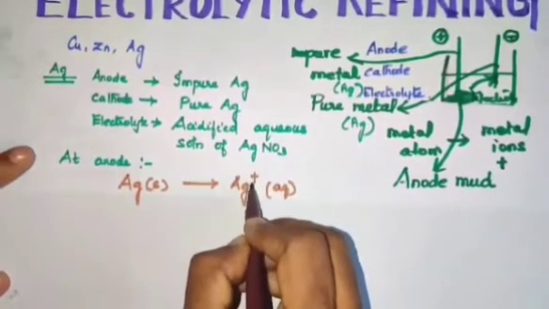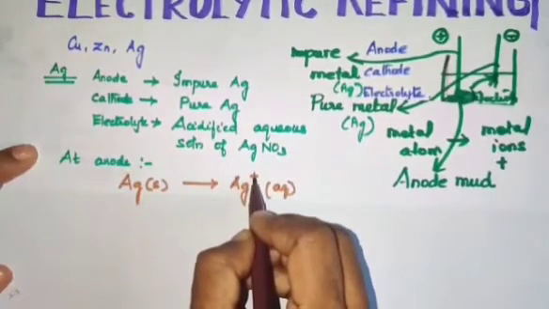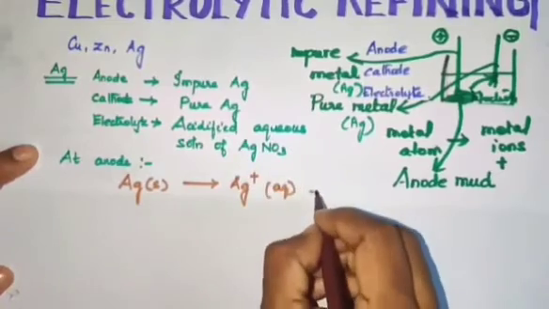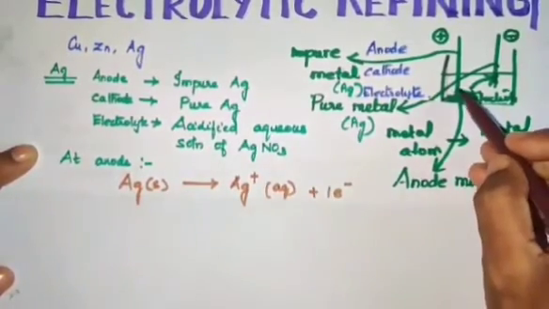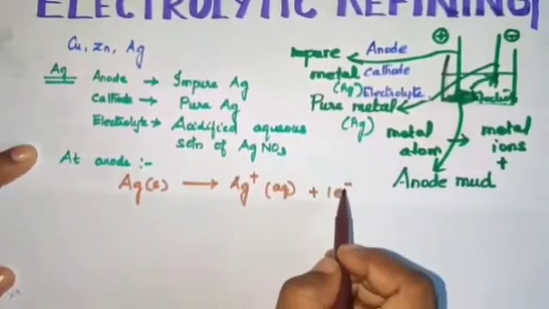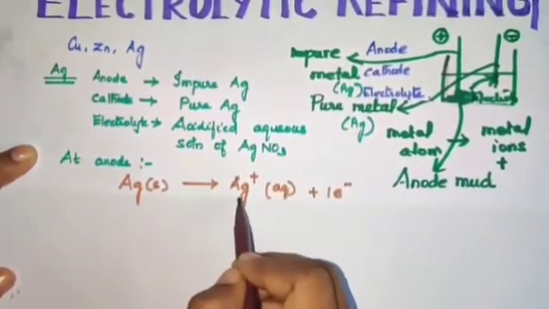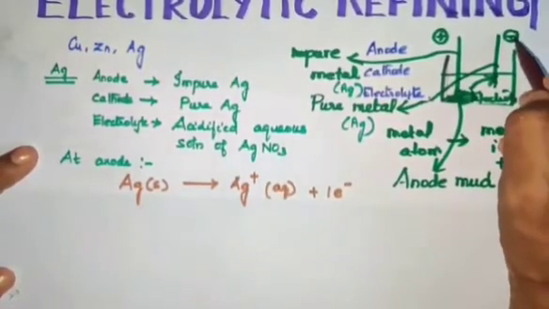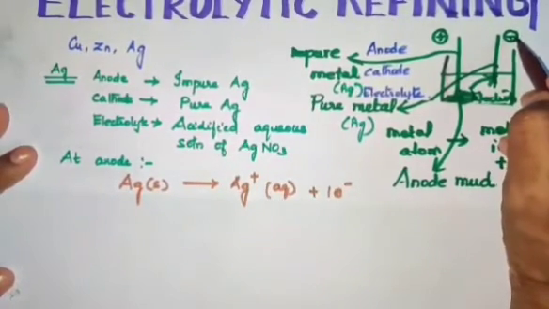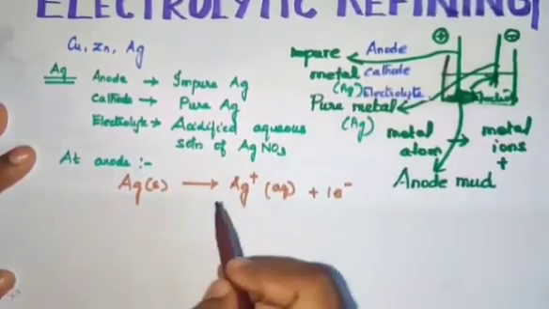So Ag converts to Ag+, and it releases one electron.